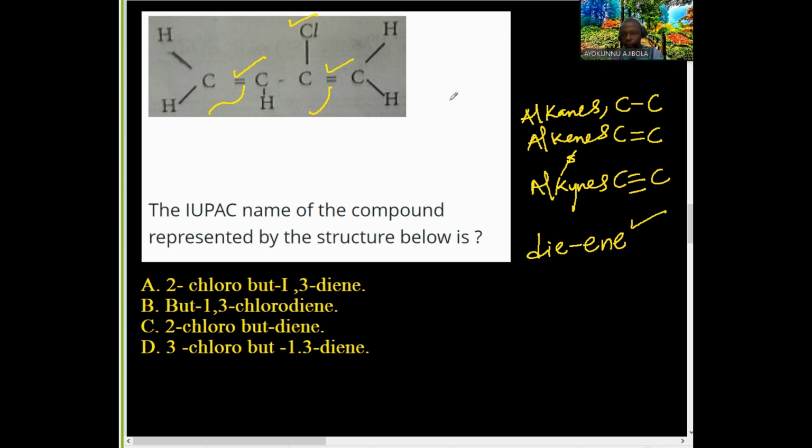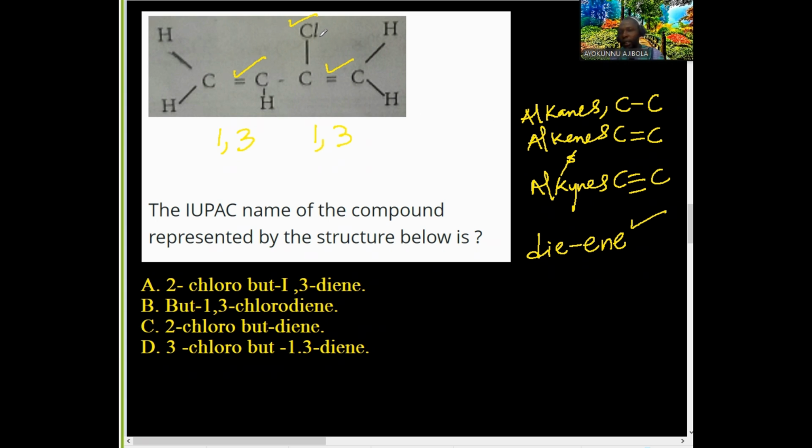So we could have the double bond as 1, comma 3 diene. If you count from right to left, you have 1, comma 3. If you count from left to right also, it's after 1 and the third one. So that is still 1, comma 3. We have no issue with where to count our double bond from.